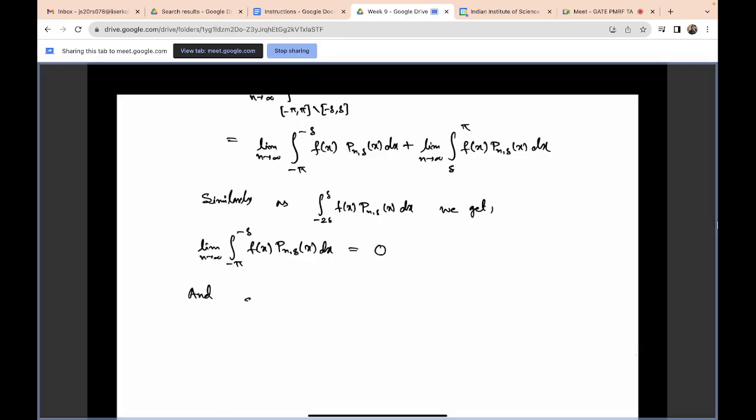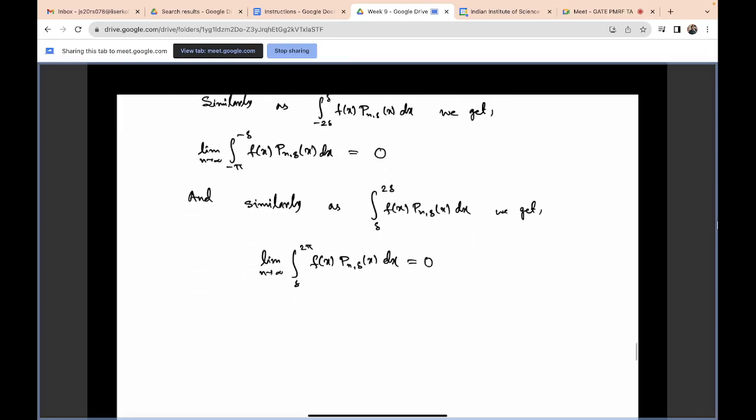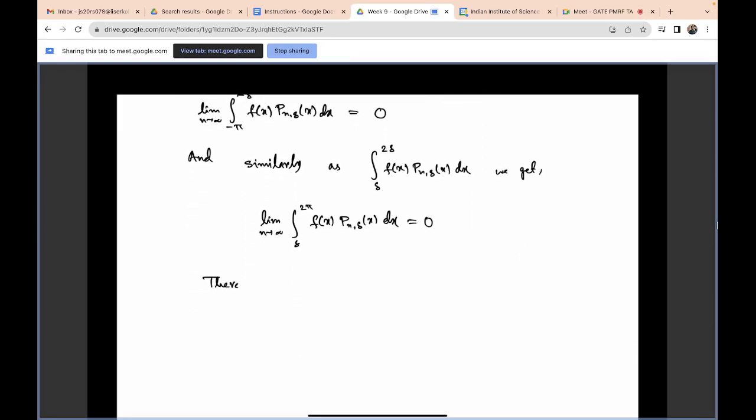And similarly for the range delta to pi, limit n tends to infinity, delta to pi of f(x) p_n,delta(x) dx, this is again 0. These two we can check similarly.